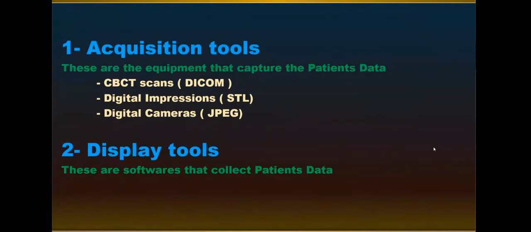So we have here the CBCT scans and the digital impressions, and sometimes we use digital cameras. Those are all acquisition tools. Second are the display tools, or the software used to display the data captured from the acquisition equipment.